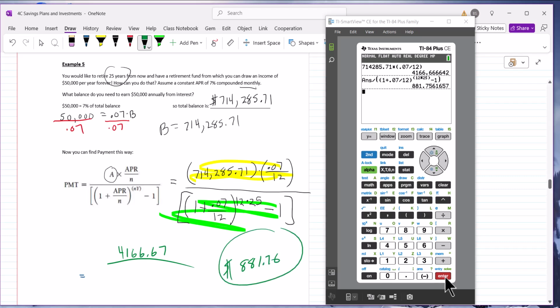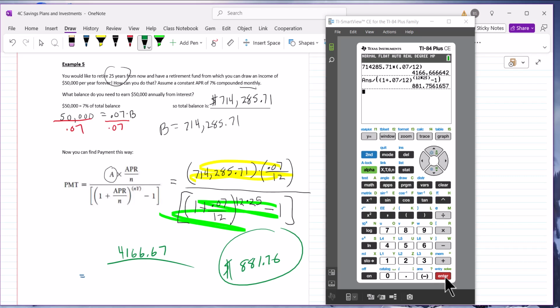So what happens in this problem is if you started your savings and you kept putting $881.76 into savings, and you kept doing that even when you retire, that would guarantee that you would always be able to get $50,000 drawn out of this every year.